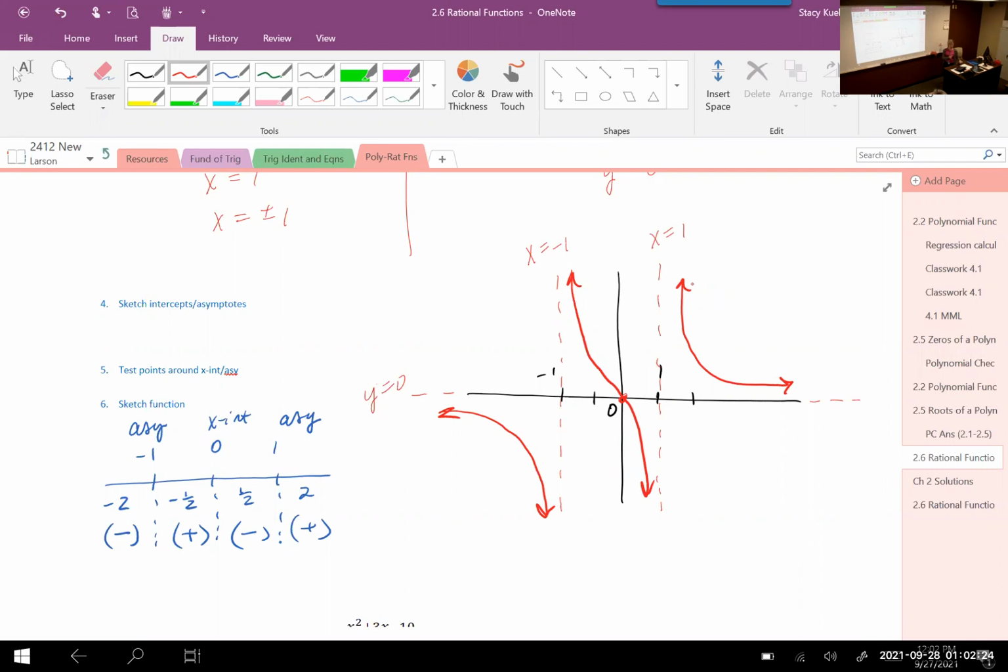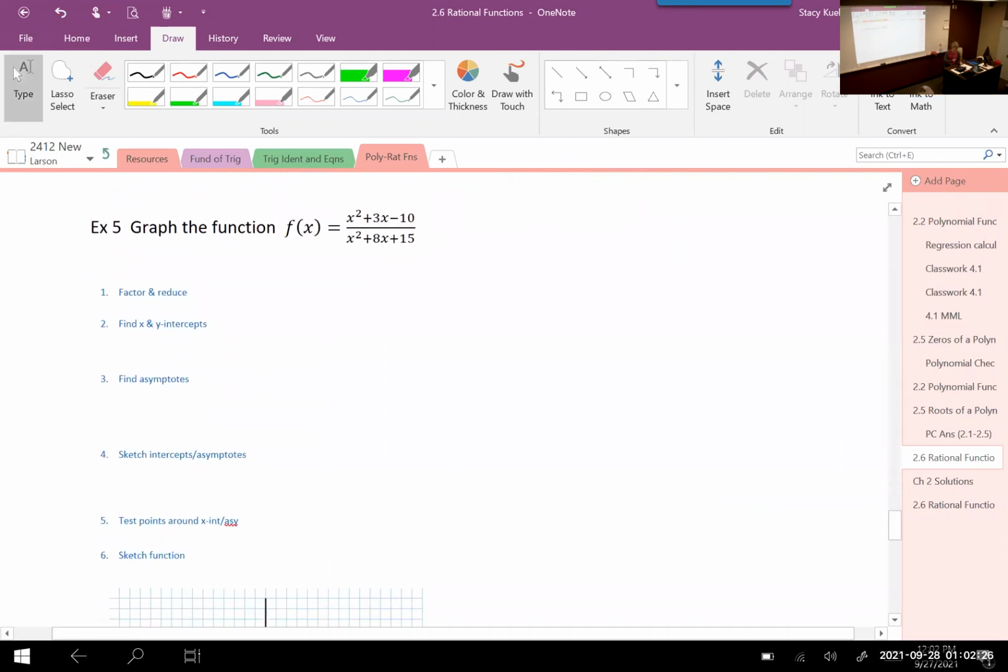Okay. Let's look at this one then. x squared plus 3x minus 10 over x squared plus 8x plus 15.